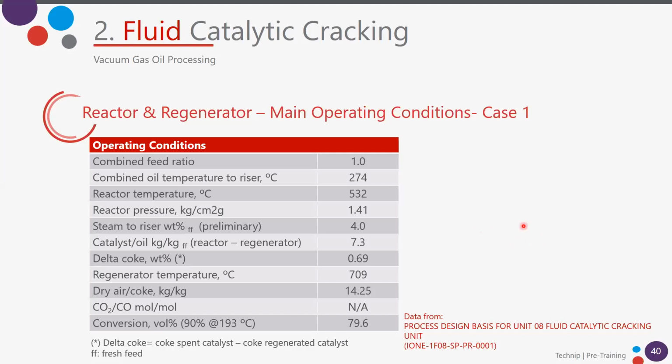Adjusting the air to the regenerator, so you will ensure that you have enough oxygen to go to the complete combustion. That's fine. Yeah. Plus, you lose the heat. Yes.